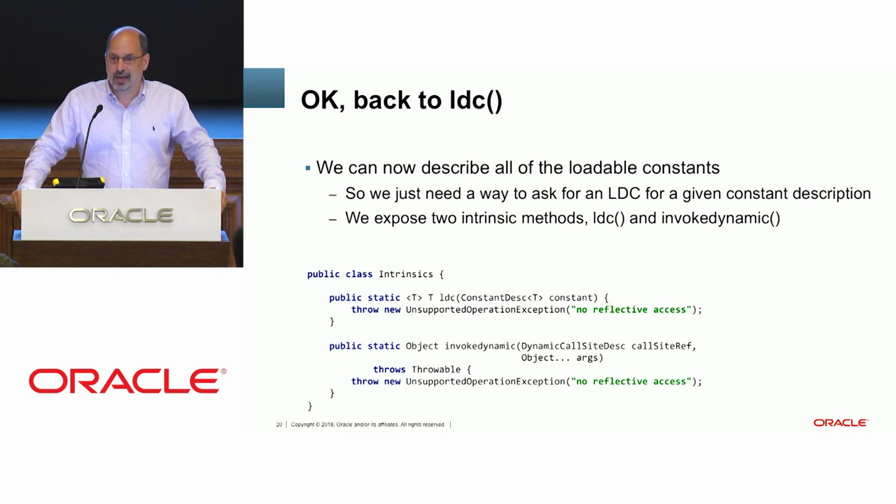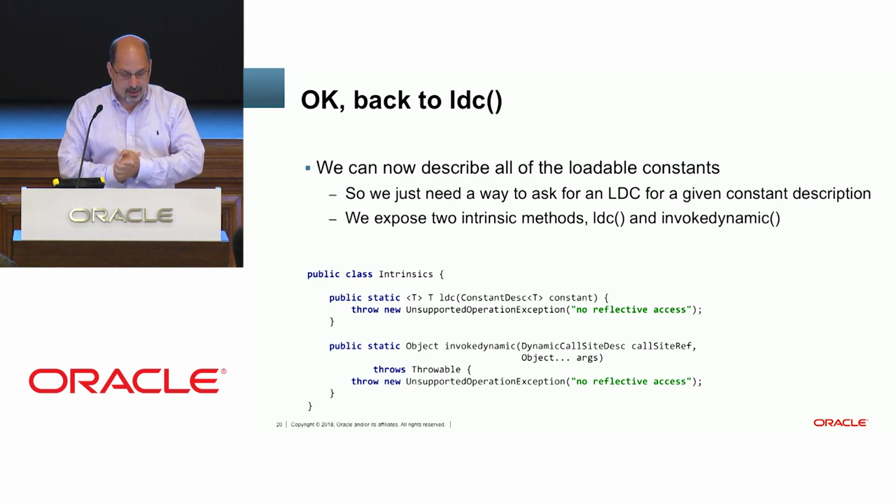Okay, getting back to our real question of what does our LDC method look like? Well, now we're able to give an answer. We need a way to describe the constant, and we have one: ConstantDesc. So we picked a random name. Intrinsics might change. And there are two methods on it, ldc and invokedynamic, named after the bytecodes they emulate. And what does ldc take? It takes a ConstantDesc, and that's it.